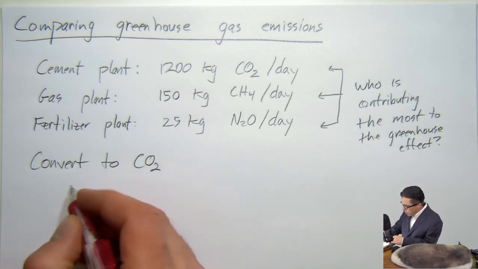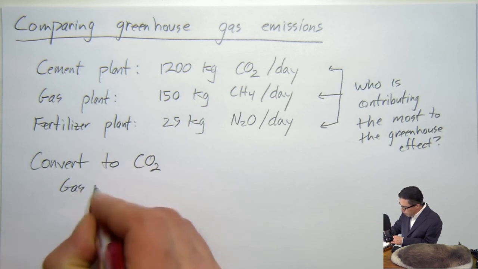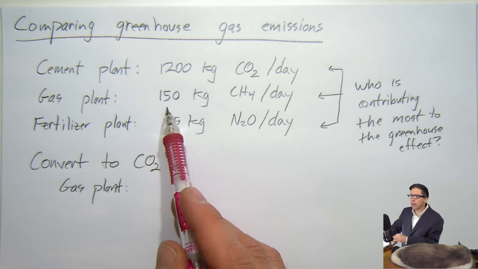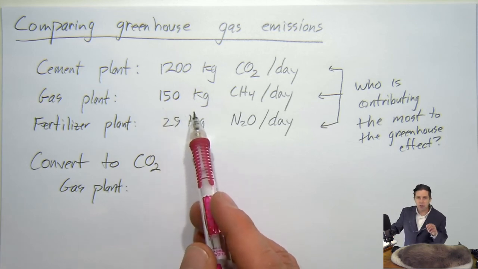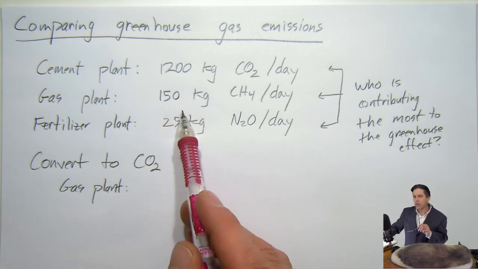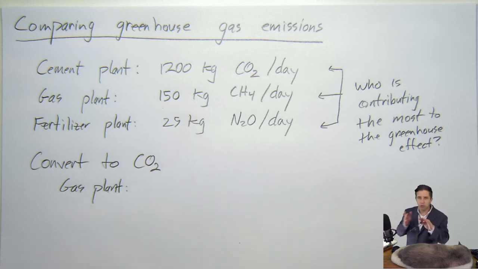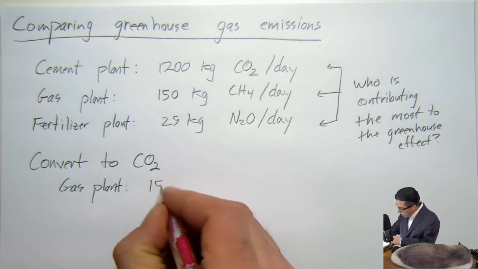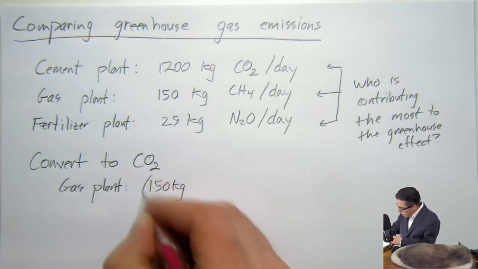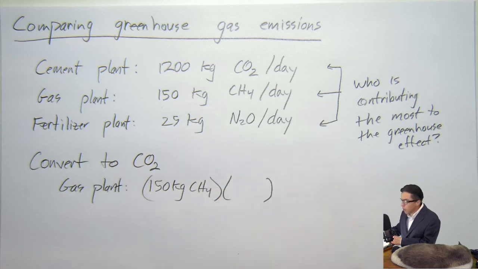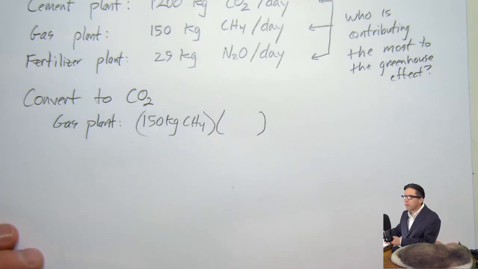What I do have to do is take the gas plant and say, if it is emitting 150 kilograms of CH4, what is the equivalent amount of CO2? We're converting currency here. So I'm going to take 150 kilograms of CH4 and multiply that number times the global warming potential.